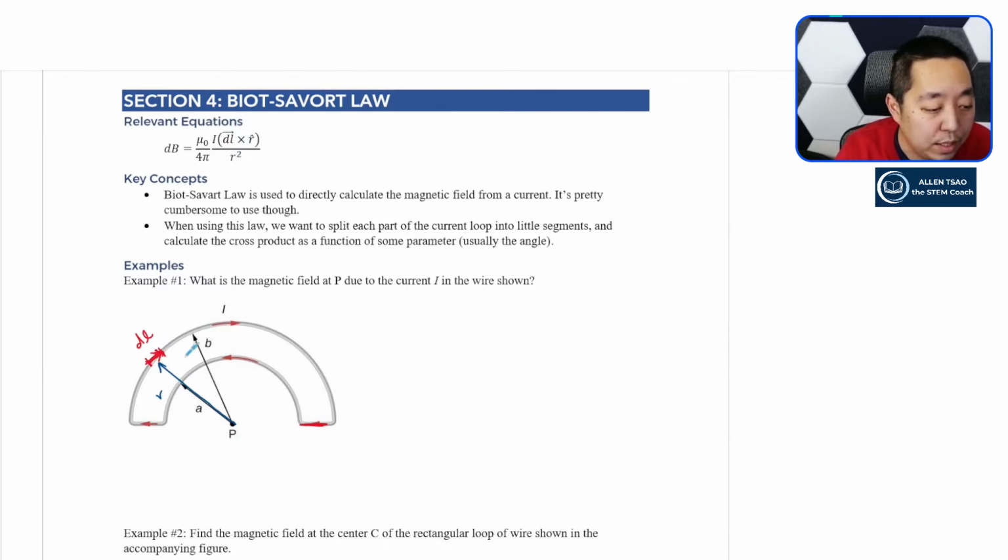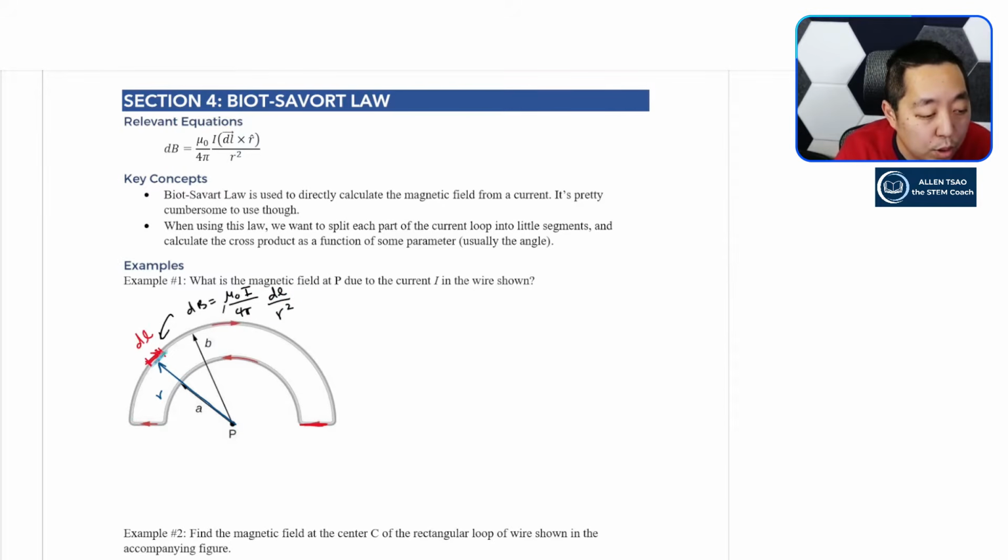So in this segment, the magnetic field from this component is dB equal to mu naught I over 4 pi, and then dL cross r hat is just dL times r hat, but r hat, again, is length 1. So it's just dL over r squared.